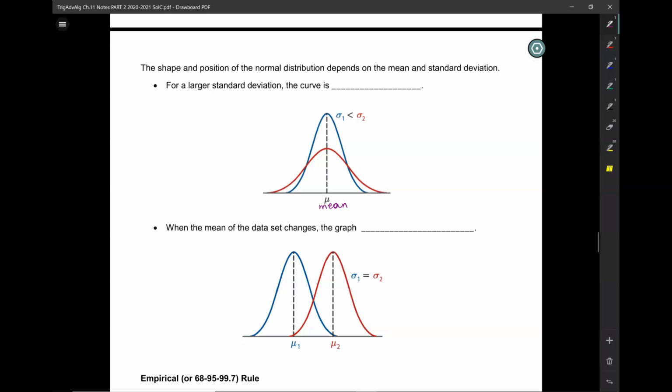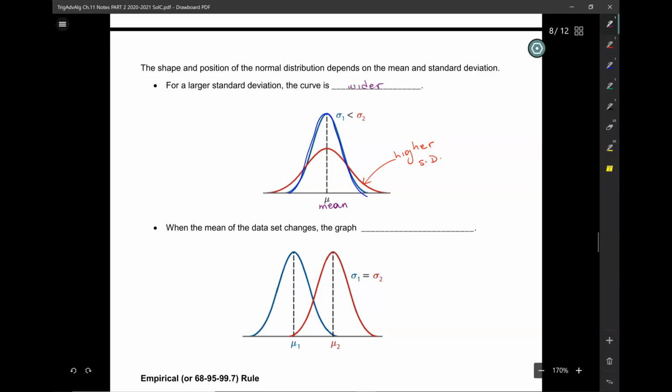But take a look here. Look at the blue. Do you see how all of the data is concentrated very close around the mean? But for the red, all of the data is distributed far from the mean. That means this red one has a higher standard deviation, because it's more spread apart. So for a larger standard deviation, the curve is wider.